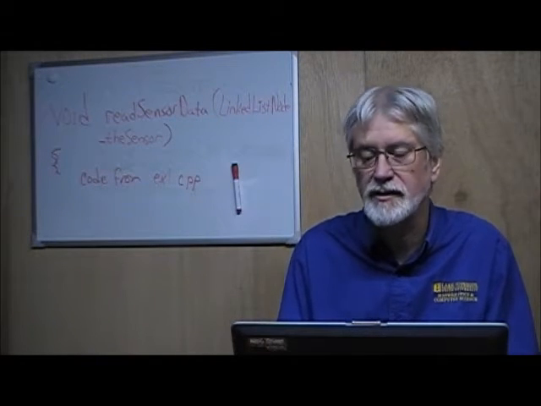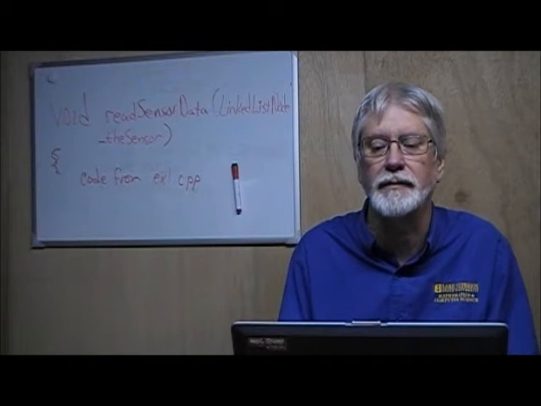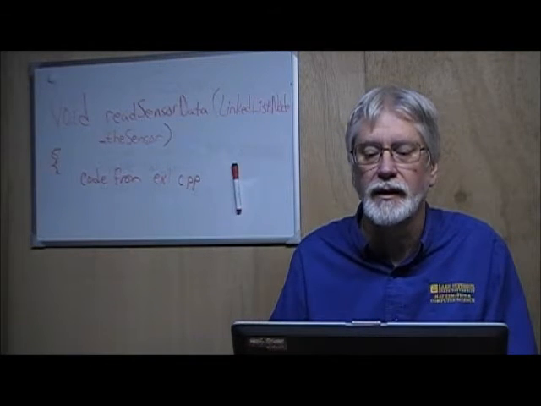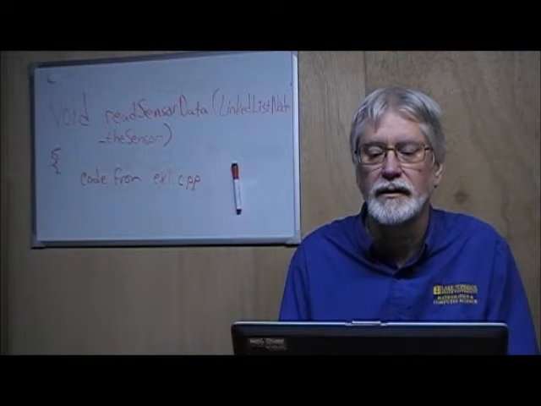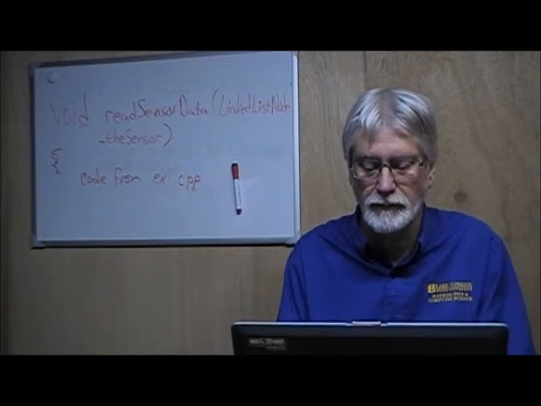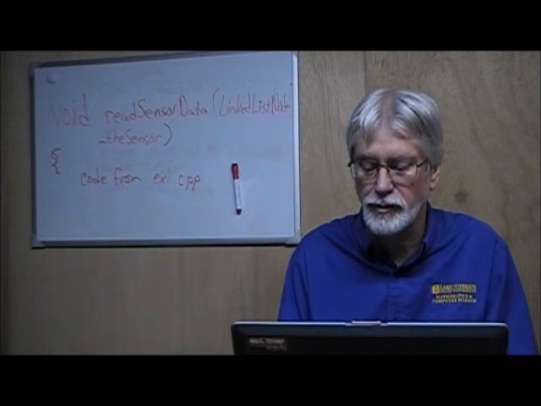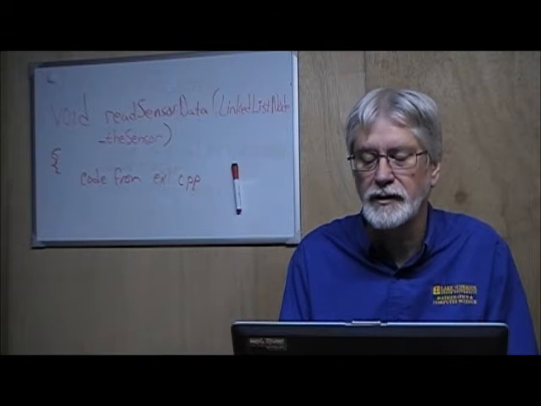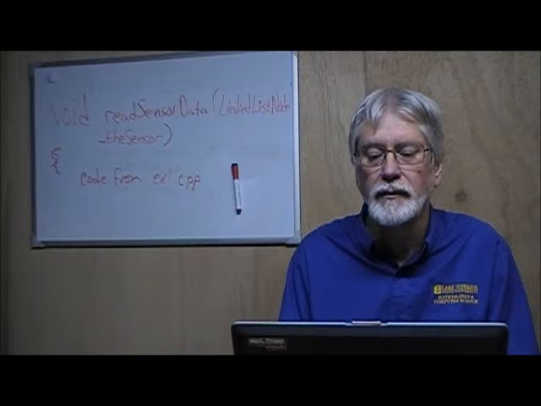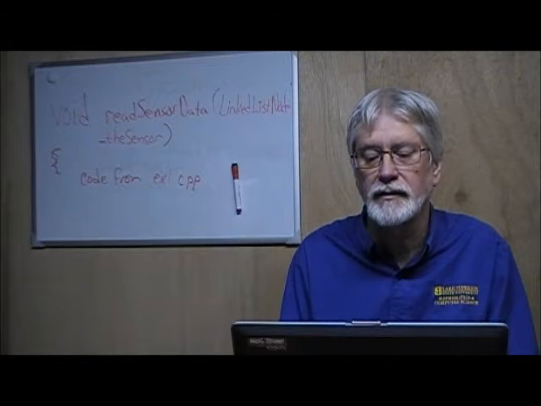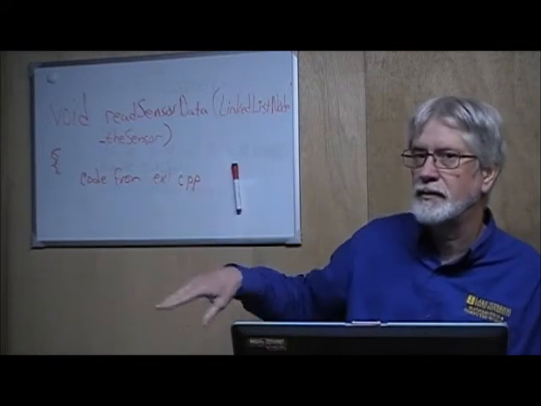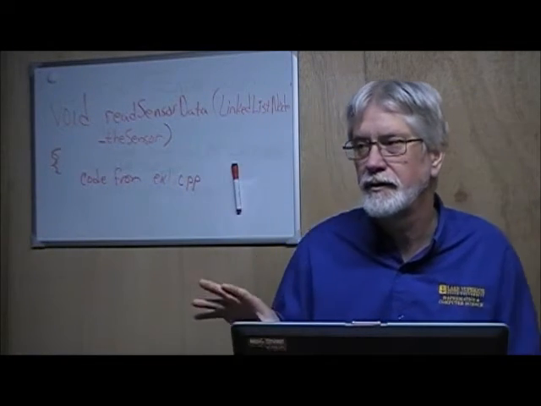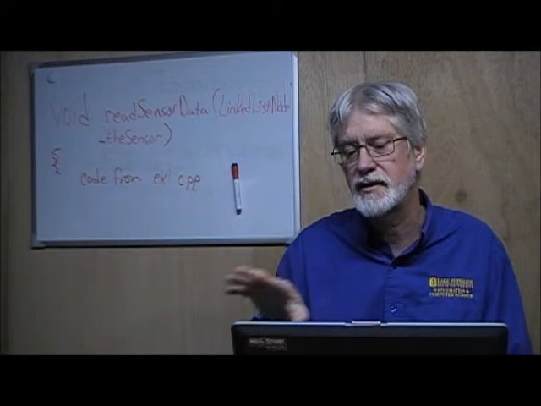I could have just as easily called it a sensor. Okay, and since this has no return value, it's a void, we don't have to worry about anything other than putting a return down at the bottom. Nothing gets returned, you just have return, semicolon, that's it.